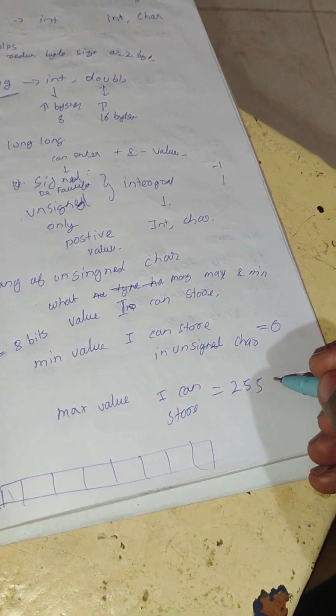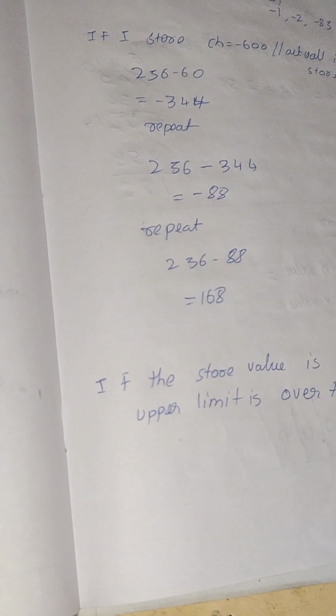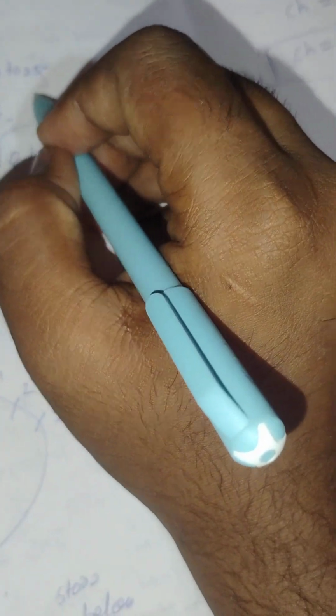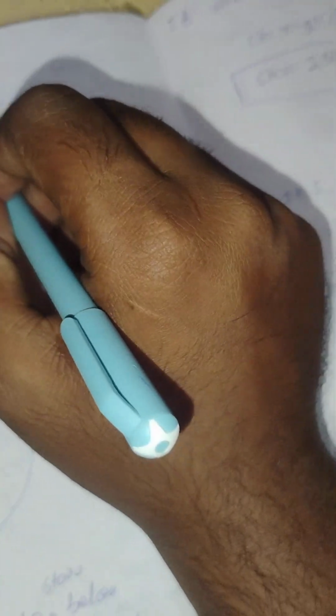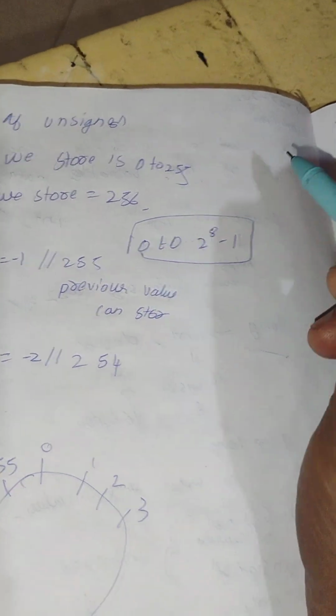This is how we can store the values, and the range is 0 to 255. So totally we can store 256 values.